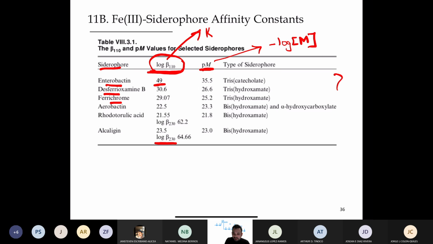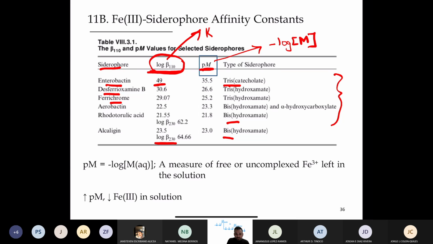On the right are the moieties that are available in these corresponding siderophores in order to facilitate binding to the iron, and how many are accessible. In enterobactin, there are 3 catecholates available. In some of these other siderophores, you may not have as many accessible moieties.